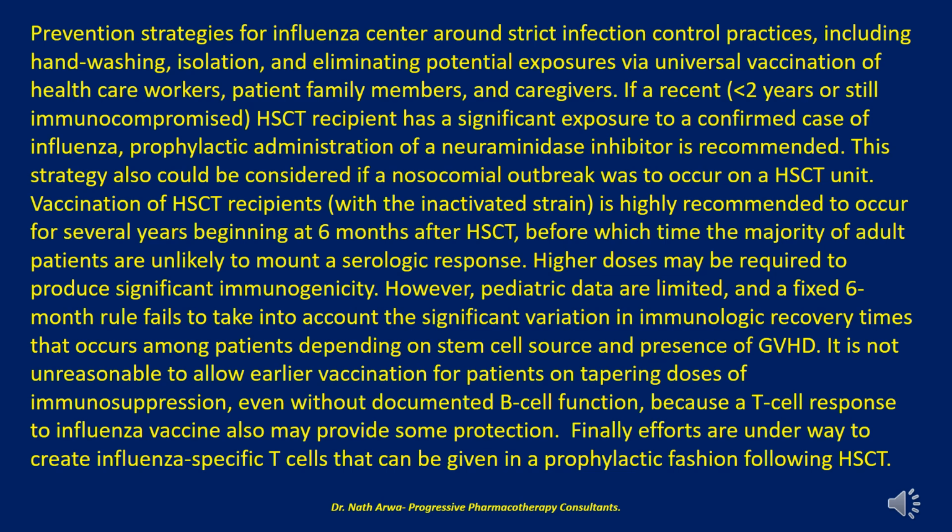If a recent (less than 2 years) or still immunocompromised hematopoietic stem cell transplantation recipient has a significant exposure to a confirmed case of influenza, prophylactic administration of a neuraminidase inhibitor is recommended. This strategy also could be considered if a nosocomial outbreak was to occur on a hematopoietic stem cell transplantation unit.